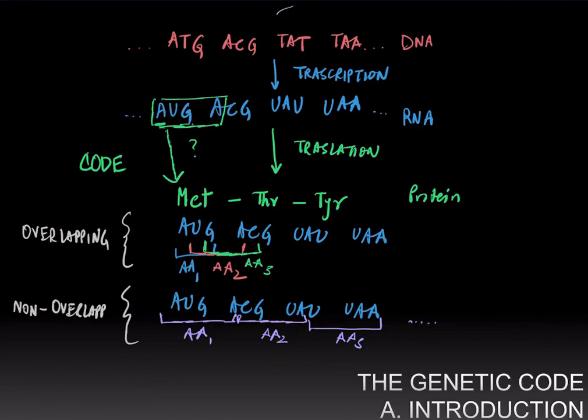Now we know that the genetic code is not overlapping, but how is it that we know that? Evidence that the genetic code is non-overlapping comes from the analysis of a type of mutation in which one of the nucleotides is changed to a different one. In other words, substitution mutations.